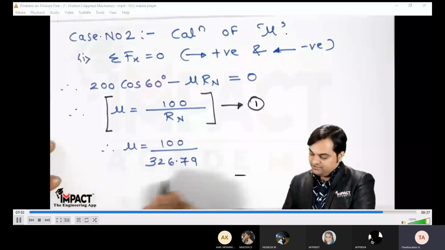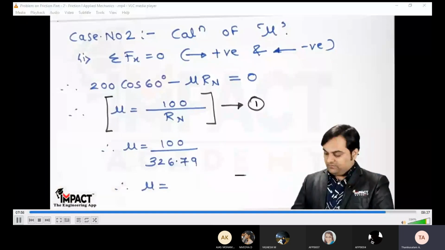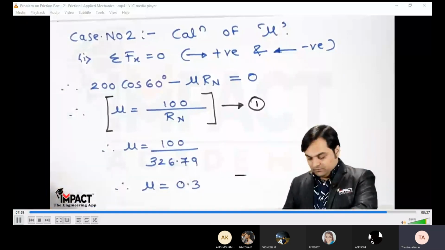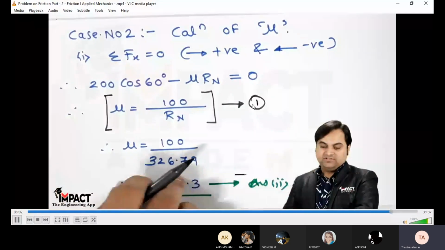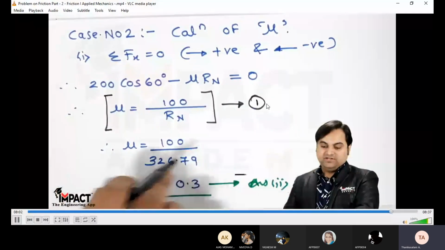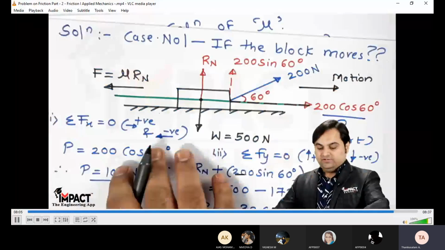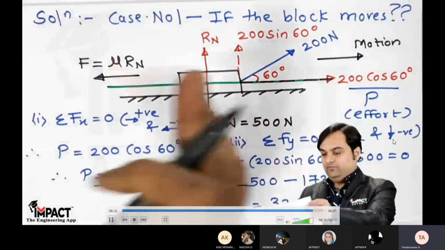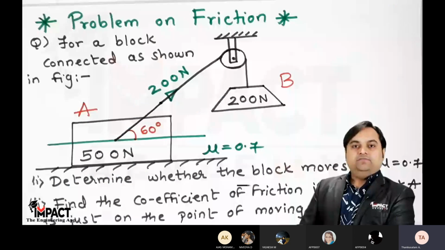Because all the conditions are the same, the mu value will come out to be 0.3. So that's the second answer, and case number two gets completed. As we see in the problem, the first condition was whether the block moves, and we concluded that the block will not move. In the second case we found the coefficient of friction, and with that the problem is completed.